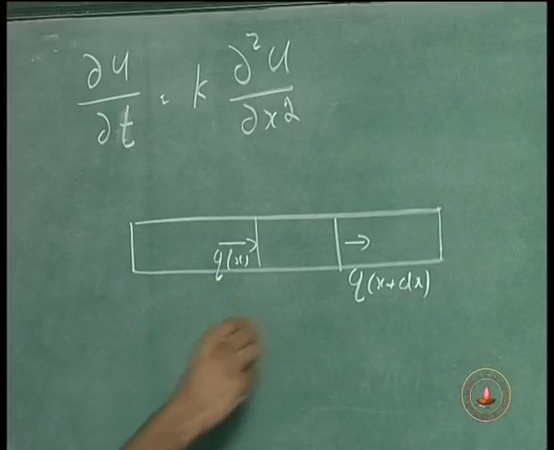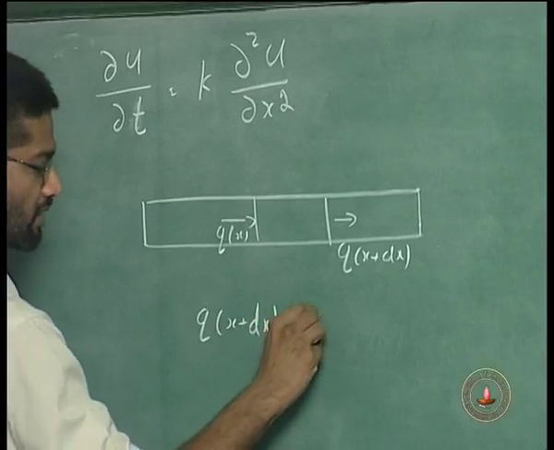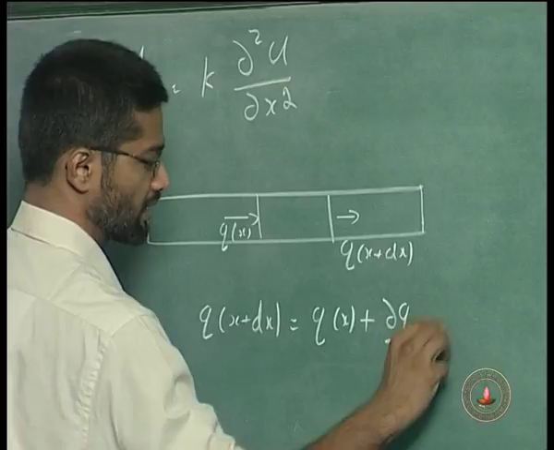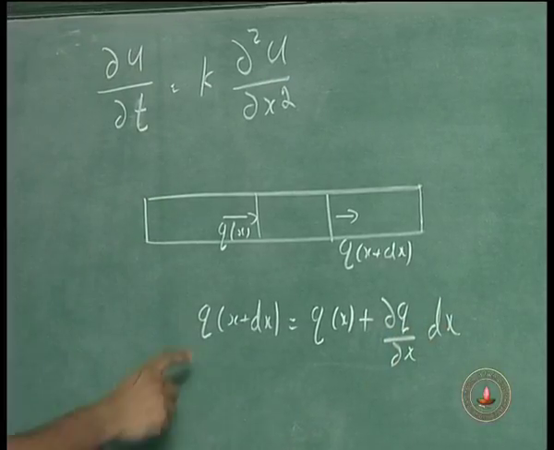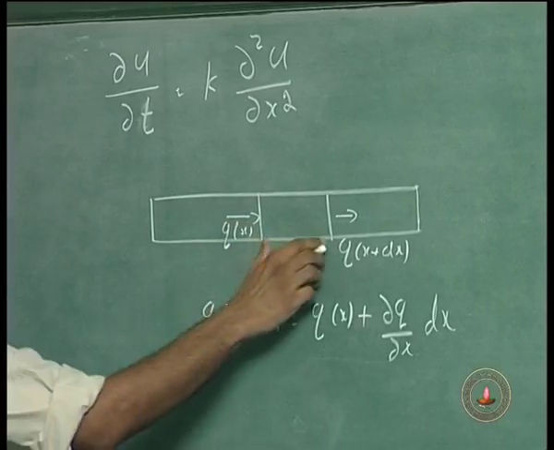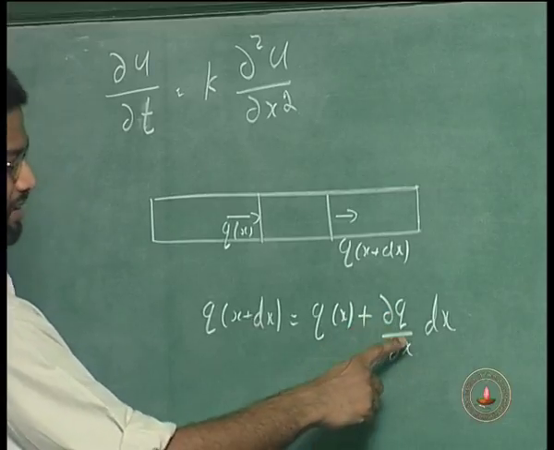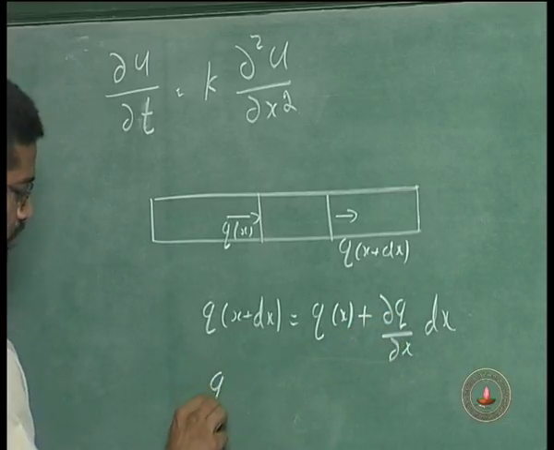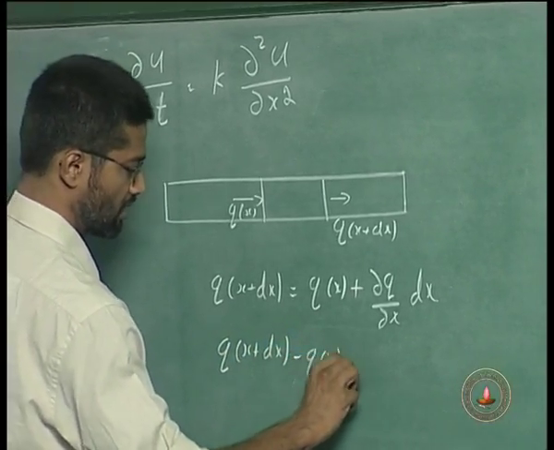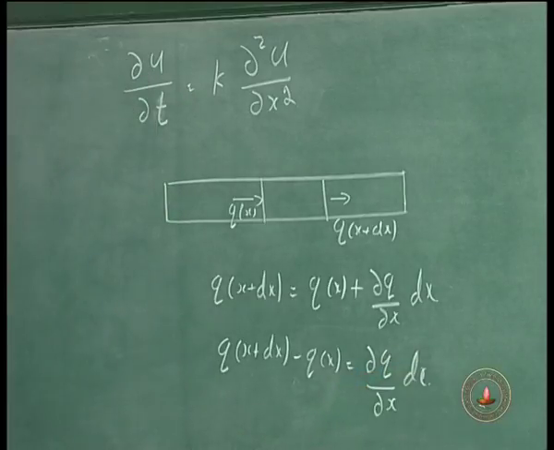Qx plus dx can be written as Q of x plus del Q by del x into dx. So the heat which is retained in this section is Qx plus dx minus Qx, which is del Q by del x into dx.